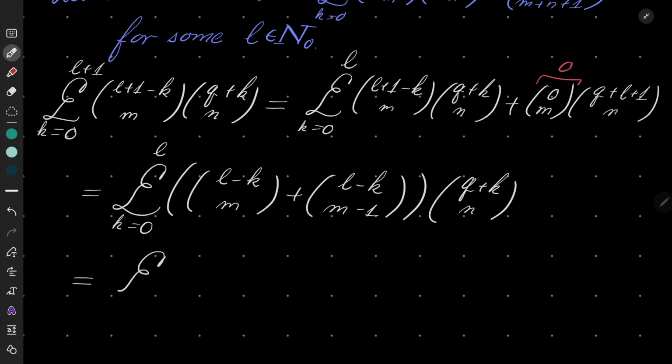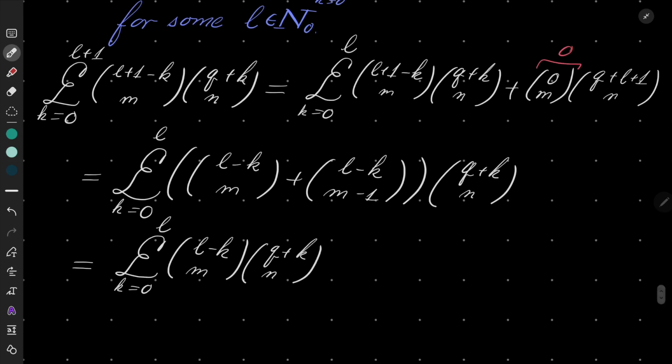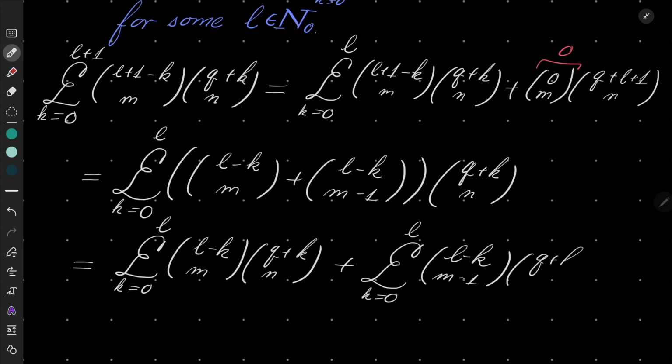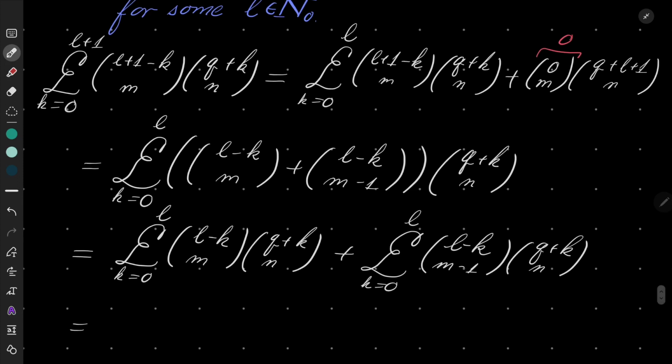And now let's write this as two separate sums, and these two sums run from 0 to L.